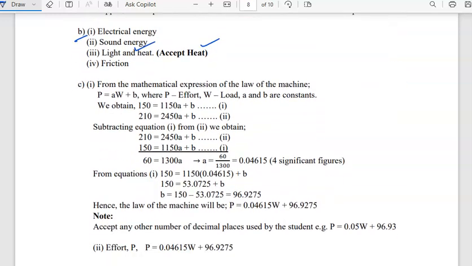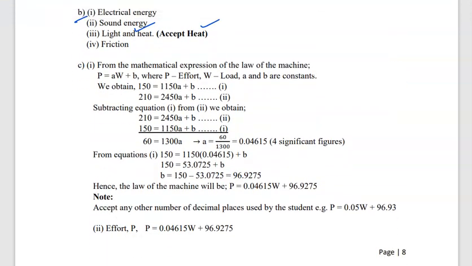Then part C, this is the statement of the mathematical expression of the law of the machine. Now, given two sets of values, you can substitute and get two equations, solve them simultaneously to get the value of A. Then substitute in the original equation, get the value of B.